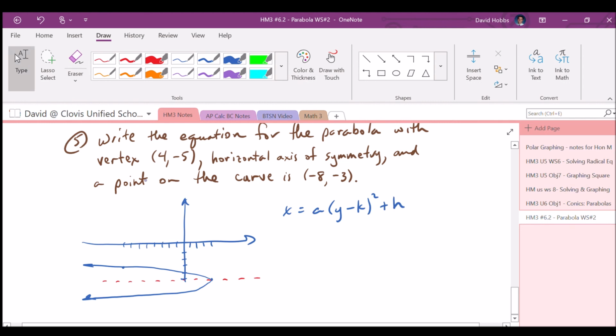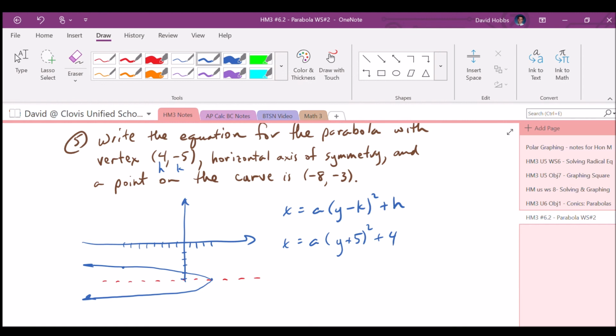And they told us the vertex. There's the hk. So x equals a times y minus the k, minus a negative 5, so plus 5 squared plus h. Oops, wait. They told us the h. The h is 4. Okay, and so we've got most of the problem.